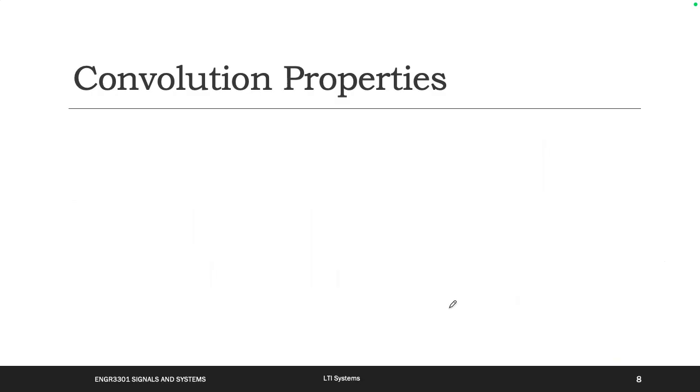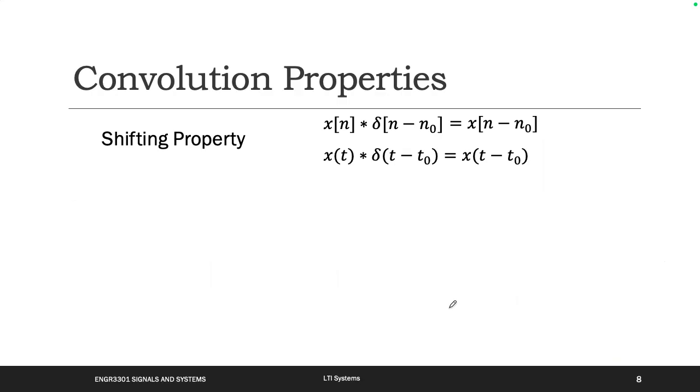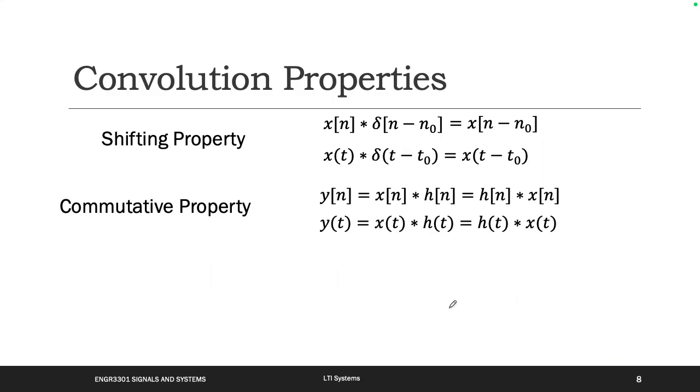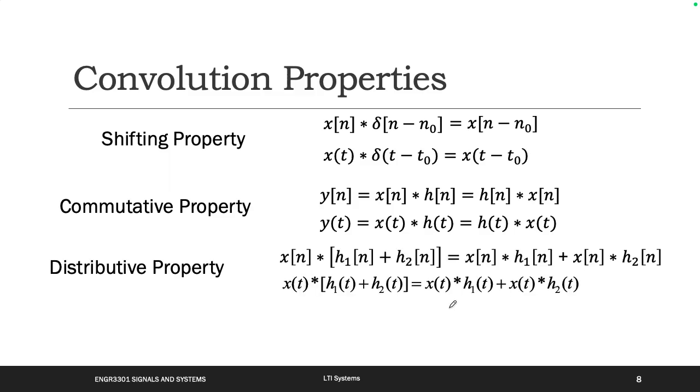Yeah, distributive. The first one, a very important one, is the shifting property. Am I right? Yeah, this is the convolution shifting property. And the second one, commutative property, just change the order. The distributive property is just removing the parentheses.